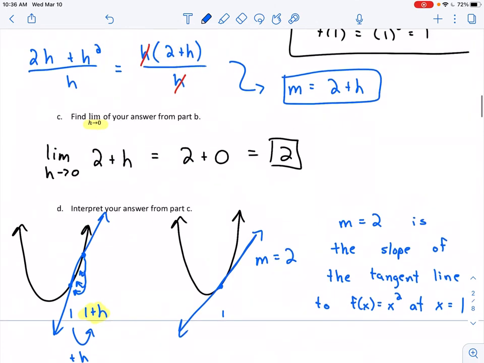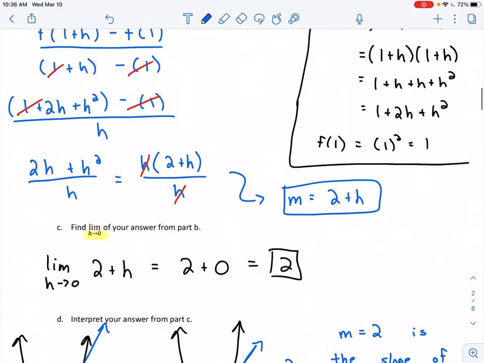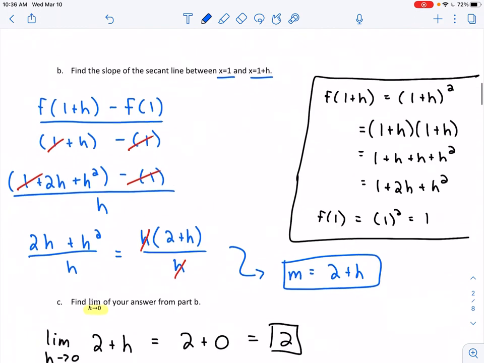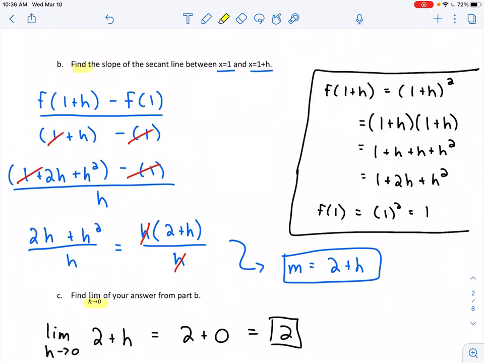And that's a really, really big deal because that helps us answer the question, how do we find the slope of the tangent line? Well, just to review what we did here, we started with the slope of the secant line between these 2 points.